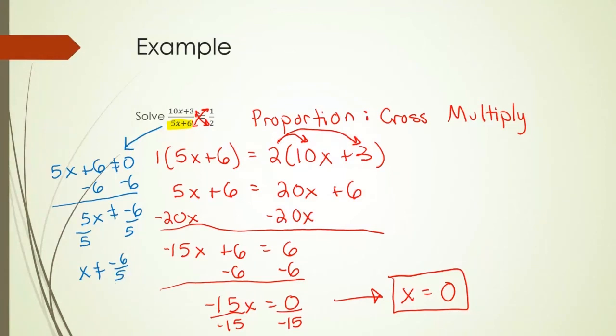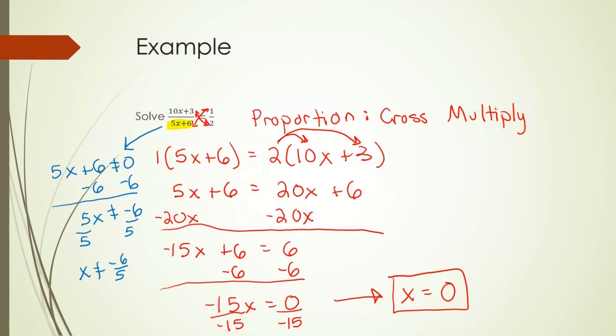But if we had solved and got negative 6 over 5, we would have a problem because we just determined that we can't have negative 6 over 5, because that would make the denominator 0. If that happens, then you actually have no solution, because you got an answer that doesn't actually work. In this case, our answer works because it's not negative 6 over 5, so we're okay. You could say your answer is x equals 0 and you feel fine.